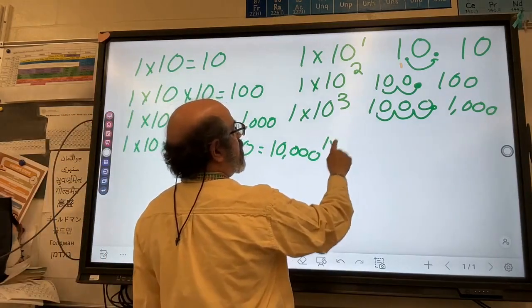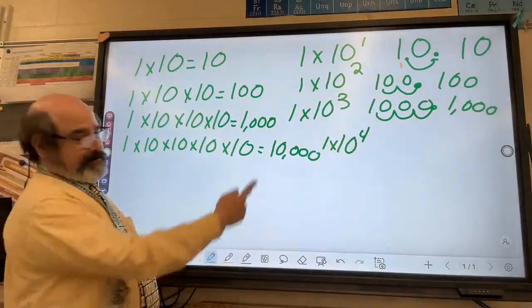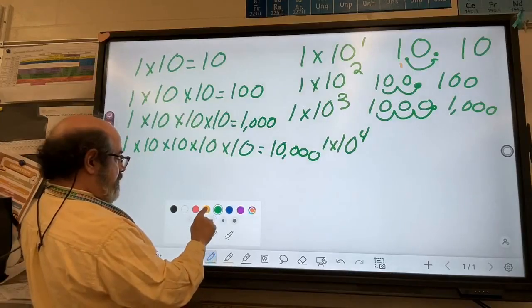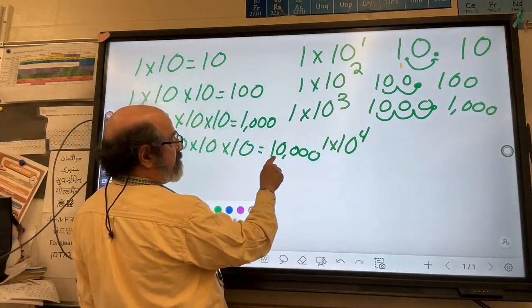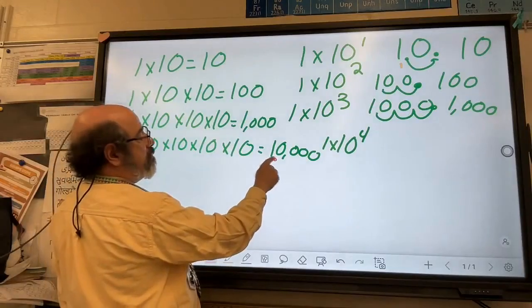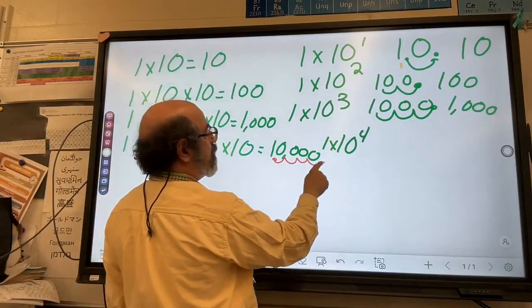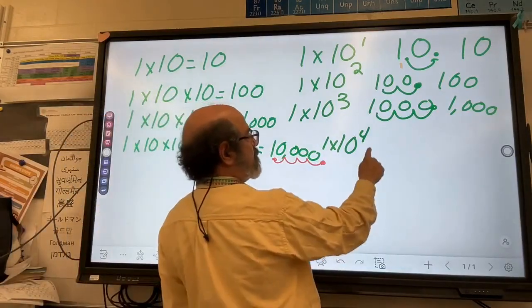Which is also 1 times 10 to the 4. And look what we did. I'll show you here instead of rewriting it again. We move the decimal point from the 1, 2, 3, 4 spaces.